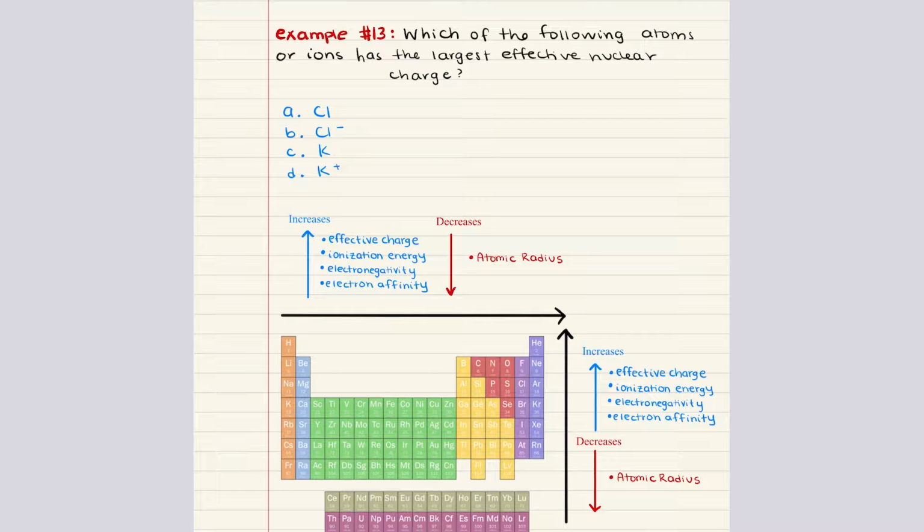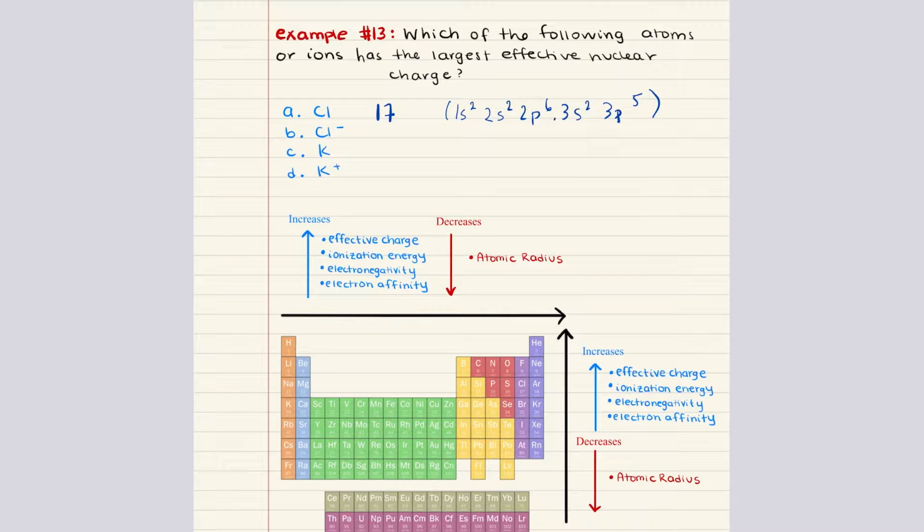The atomic number for chlorine is 17, and the electron configuration for chlorine is going to be, I'm going to write it out here, 1s2, 2s2, 2p6, 3s2, 3p5. Now, the valence electrons are going to experience a shielding effect from the core electrons.